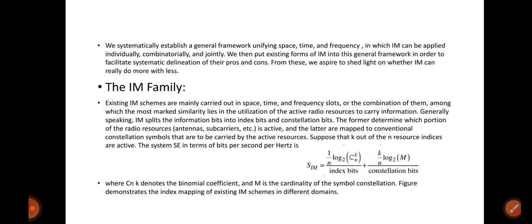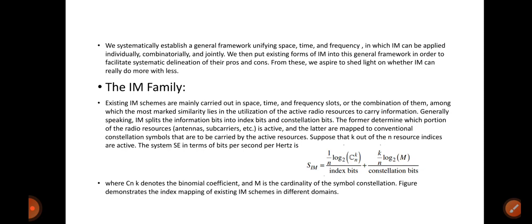We systematically establish a general framework covering space, time, and frequency, in which IM can be applied individually, jointly, and computationally. We then put existing forms of IM into the general framework in order to facilitate a systematic delineation of their pros and cons. For this, we aspire to shed light on whether index modulation can really do more with less.